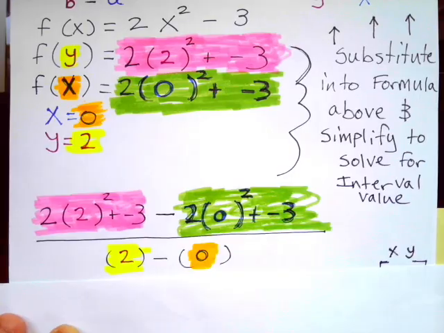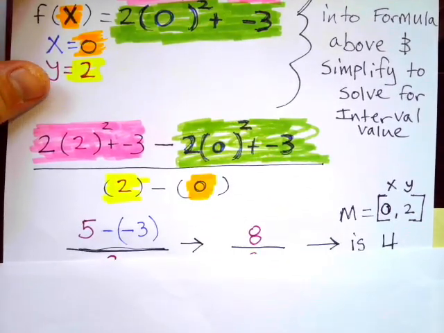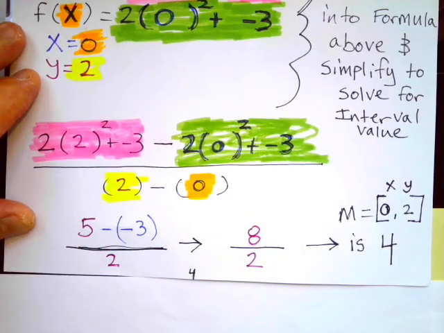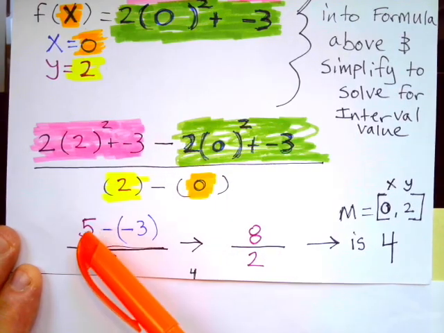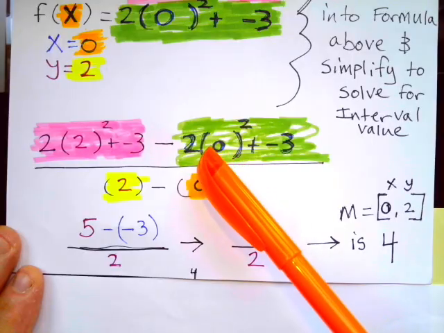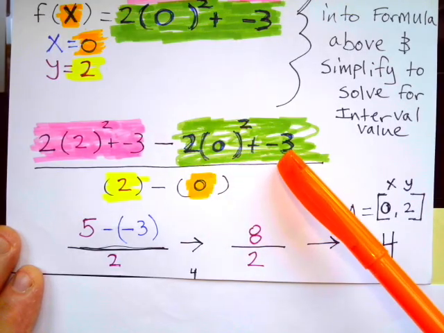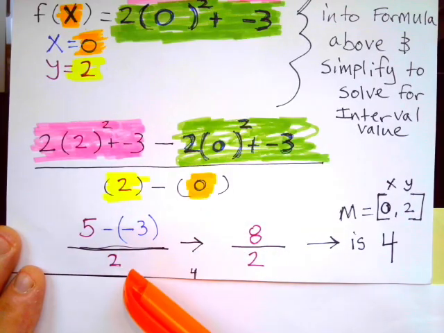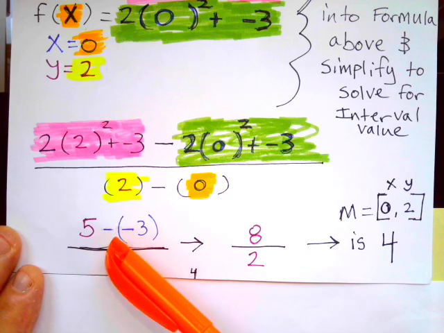So I have 5 minus a negative 3. I'll show you that here in a moment. And 2 minus 0 is 2. All right. So you can see here, again, 5 minus 0 squared is 0. 2 times 0 is 0. Negative 3, right? Negative 3. All divided by 2 minus 0, which is 2. Now, there's an invisible negative 1 right in here.